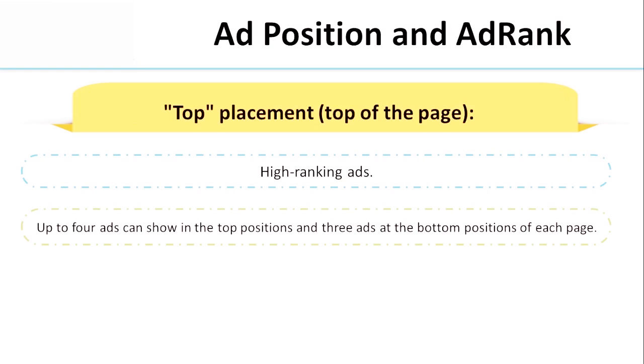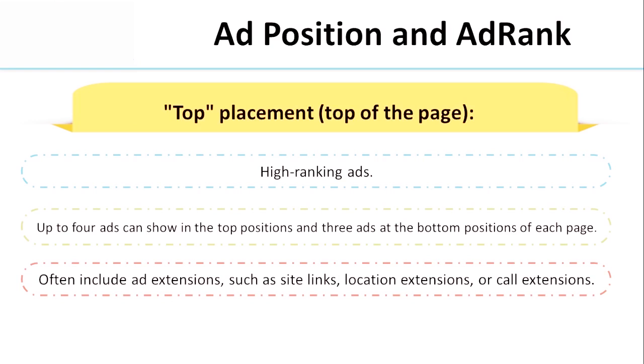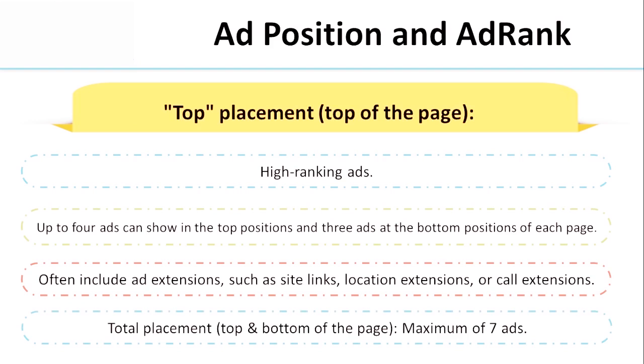And when we talk about the page, I mean the SERP, Search Engine Result Page. Another important factor for placing your advertisement at the top of the SERP is ad extensions such as site links, location extension, and sometimes even call extension also. So in total, either at the top or bottom, collectively 7 advertisements can be placed.